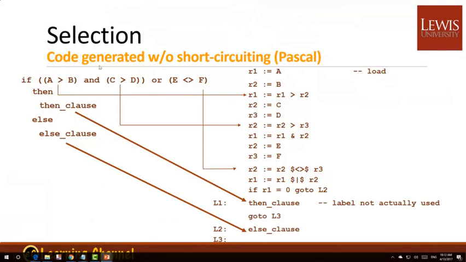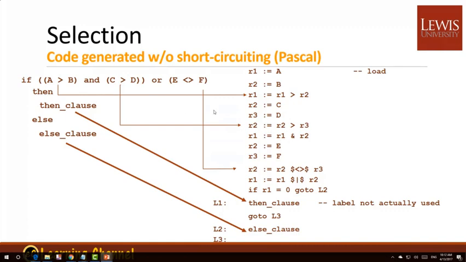And right here, I will show you assembly code to implement the Pascal language with this short circuiting. So right here, first we load A to register 1, and then we load B value to register 2. And then this expression right here sets register 1's value with R1 as A greater than B. And then we load C and load D and compare C and D here.